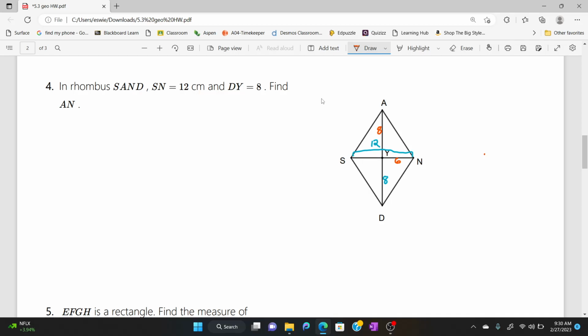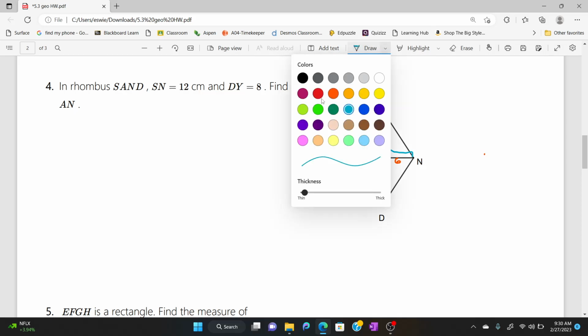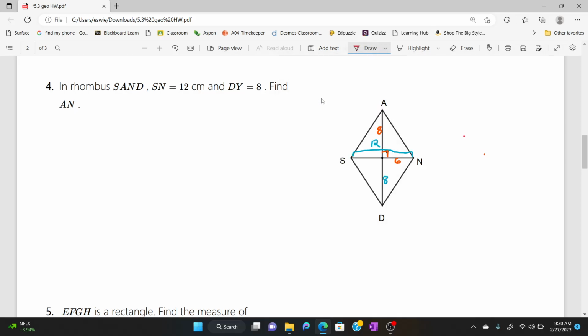Now again, it's a rhombus, diagonals form right angles. So lo and behold, what happens? You guys got it. It's a right triangle. We're going to use the Pythagorean theorem again. Oh my gosh, we use the Pythagorean theorem a lot.